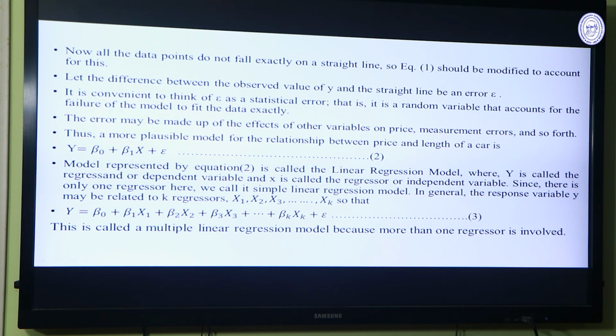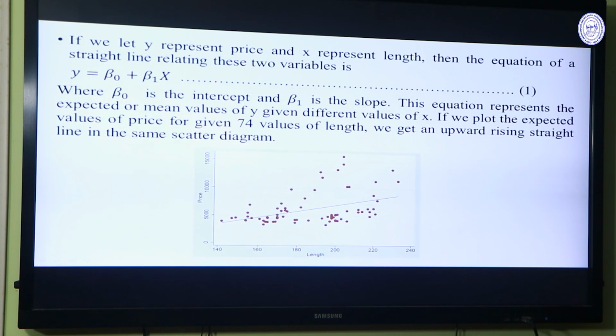That is the thing which I was discussing, that when we are taking the real life prices of the cars on the basis of their lengths, we are not getting the ideal mean values or expected values. We are getting the actual values, which are different from the expected values.